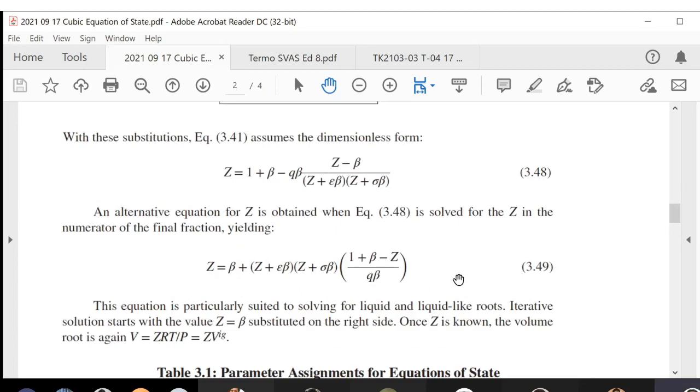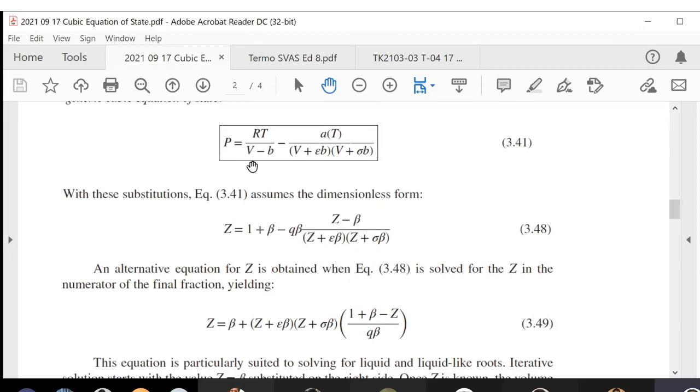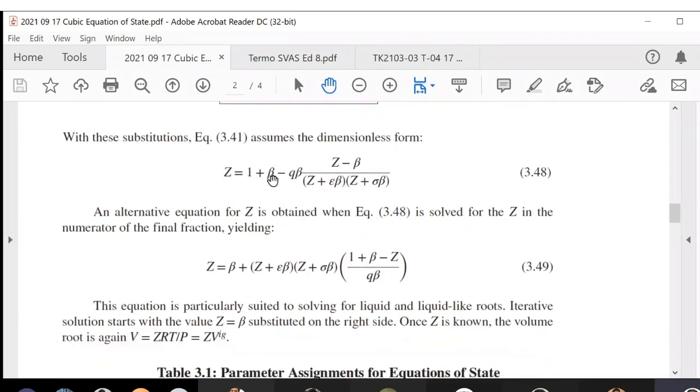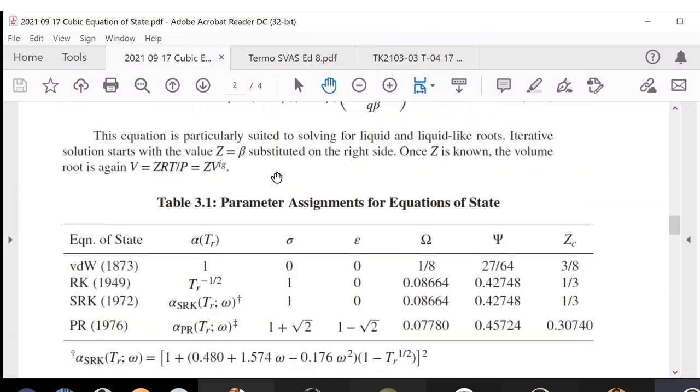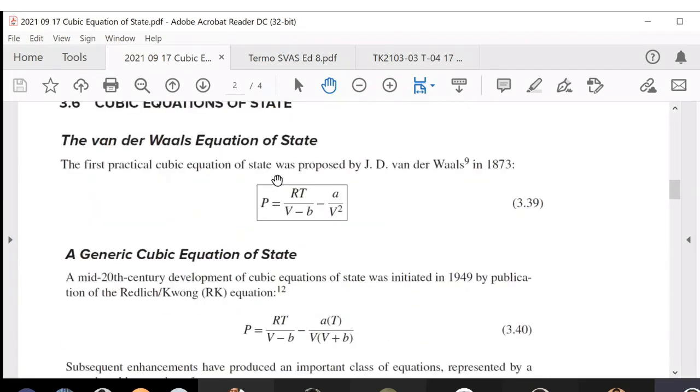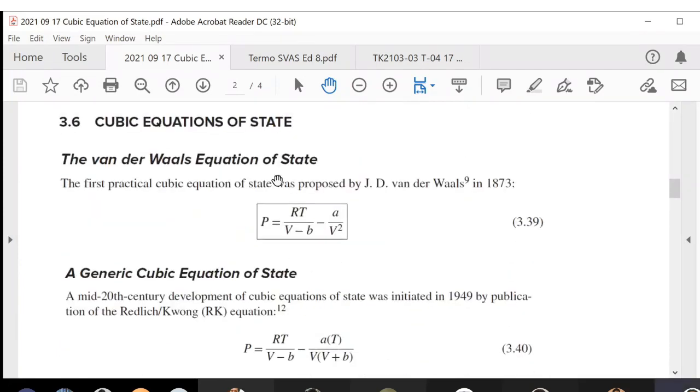What is the purpose of working on this equation? Basically, it is PVT. When we get the data of the pressure and we know the temperature, then we will be able to calculate the volume. Later we will go through the example so that it is clear for you. Before I go to the example, this is the equation.